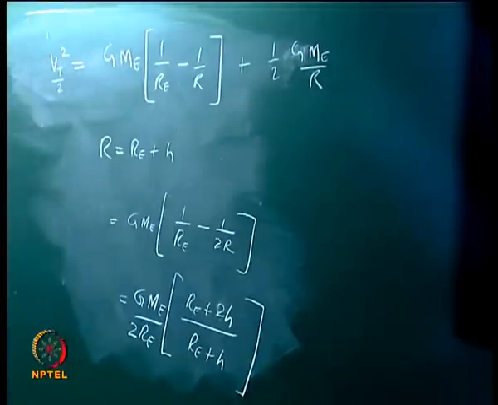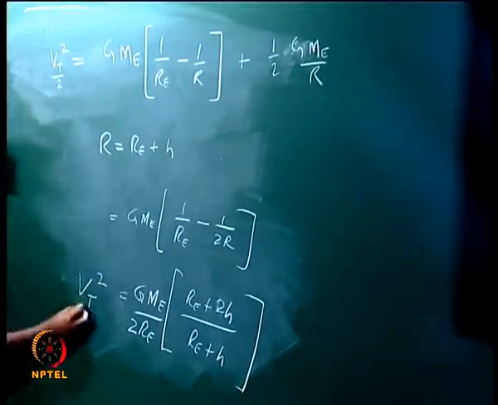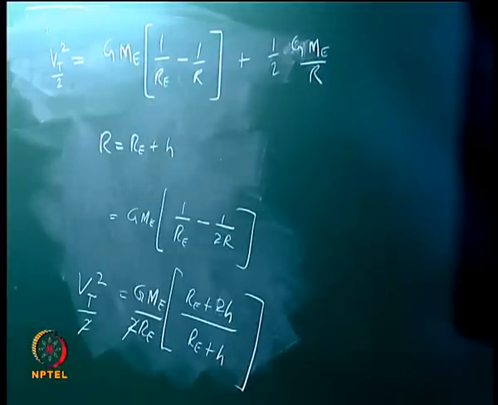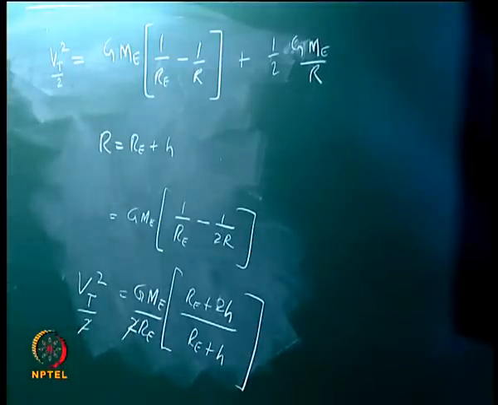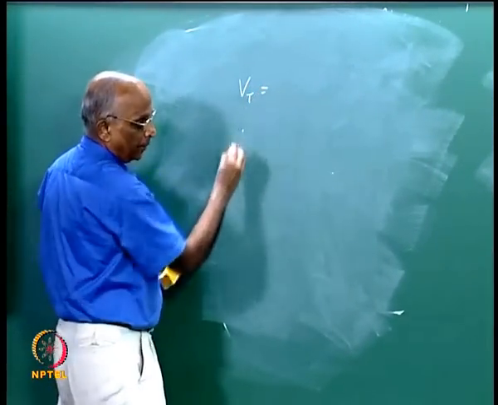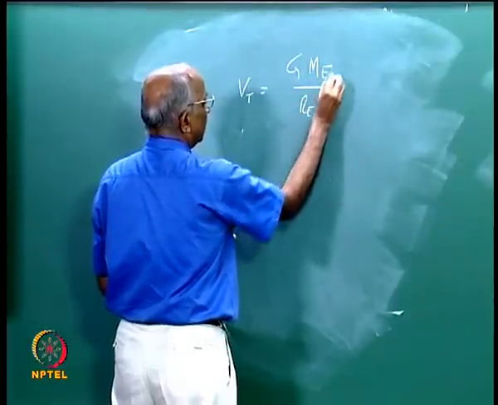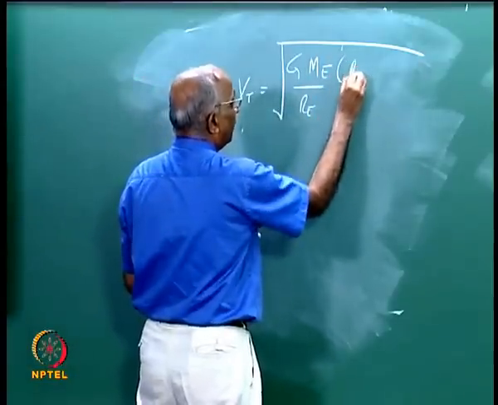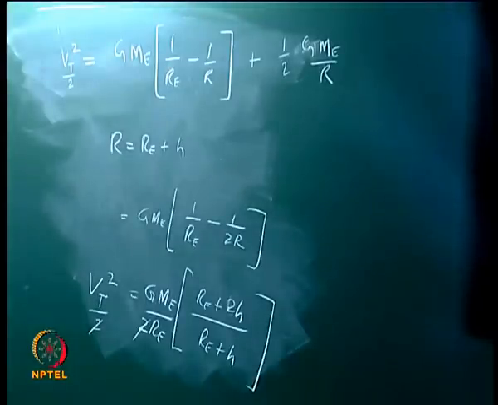Please make sure it is all right, and this is the total velocity Vt square divided by 2, the 2 and 2 get cancelled, and therefore the total velocity which has to be given to a spacecraft or body when it is rotating at a height h above is given by Vt equal to the square root of G me by Re into Re plus 2h divided by Re plus h.